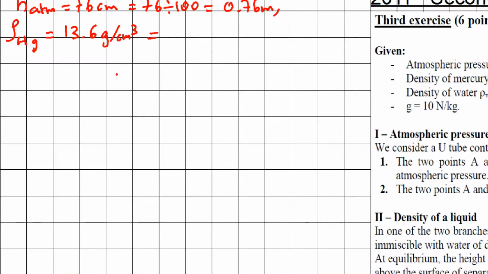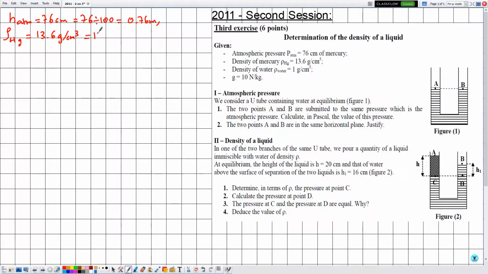Knowing that gram per centimeter cube is not the SI unit of density, in order to convert from gram per centimeter cube to kilogram per meter cube, we simply multiply by 1000. Then 13.6 multiplied by 1000, so the density of mercury in the SI is 13,600 kilogram per meter cube.